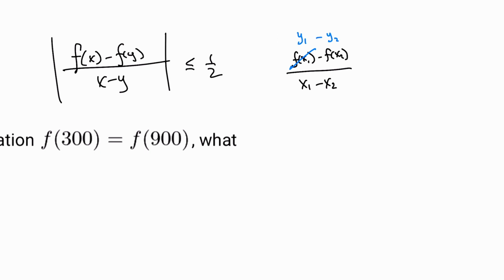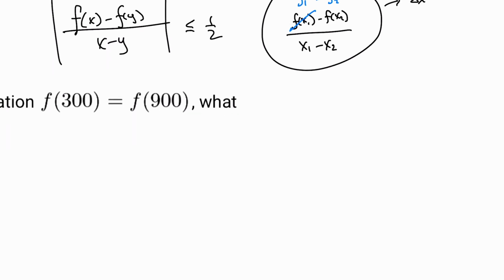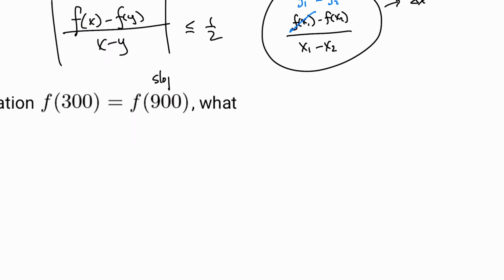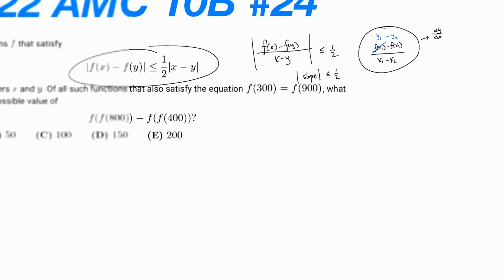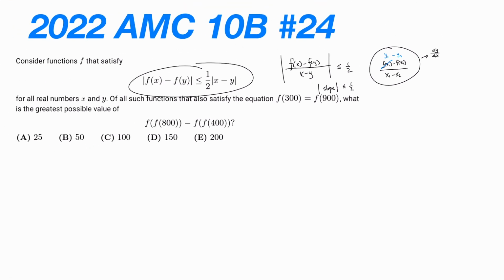Do you see that as something familiar? That's just delta y over delta x, which is the slope of the function f. So the absolute value of the slope is less than or equal to 1/2. That is what it tells us.